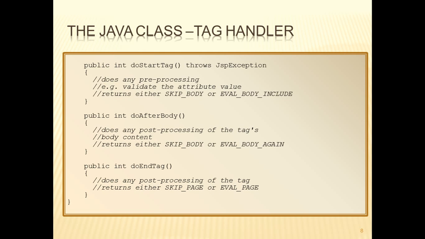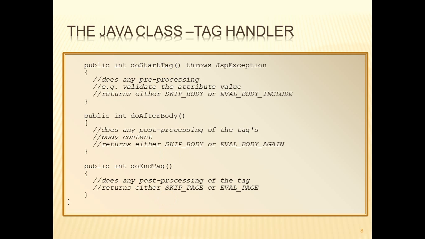Now this is where life gets a bit interesting, really, because there are some lifecycle methods that are called. When the tag is first encountered, after the set methods have been called, the doStartTag method will be called.